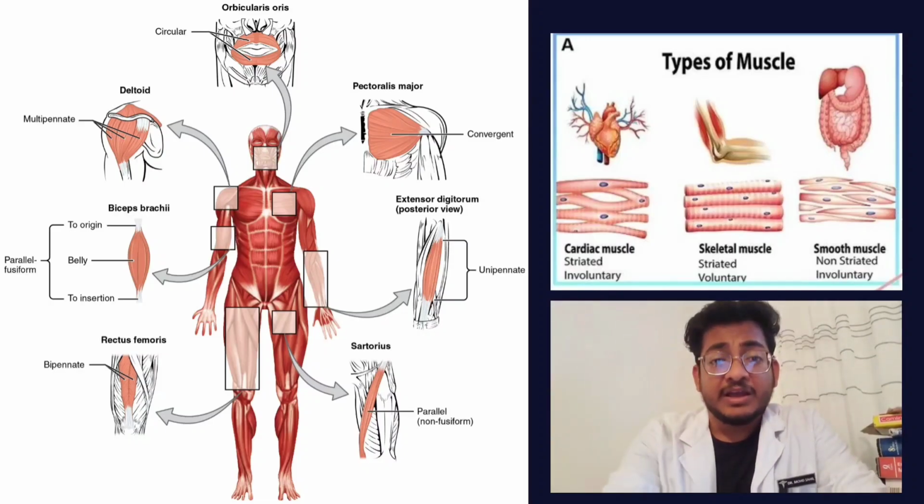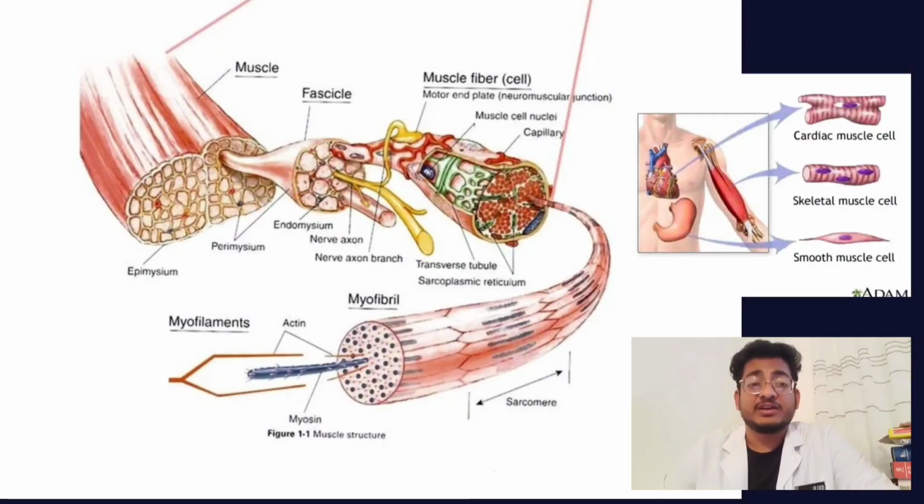Connective tissue here includes endomysium, perimysium and epimysium. Endomysium is loose connective tissue surrounding muscle cells, fibers. Perimysium is a fibrous sheath which divides muscle tissue into fascicles.